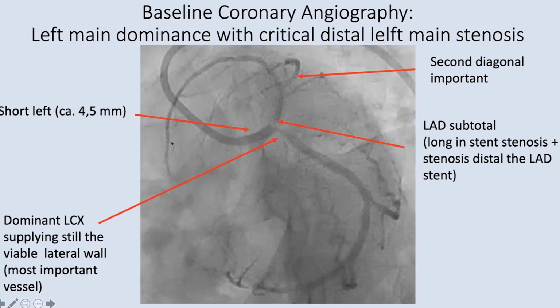At least in the LAD region there is hypokinesia, or maybe partially akinesia. We don't have MRI data for this segment now. And from our perspective, it's very clear we have to rescue the connection from left main to circumflex. This is extremely important for this patient.